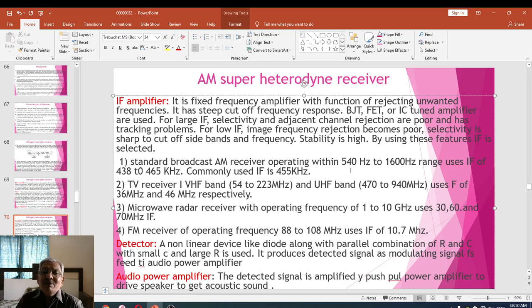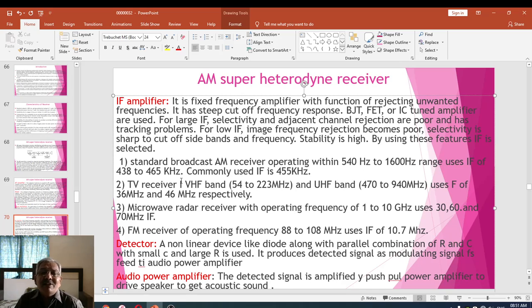The generally used IF for an AM superheterodyne receiver is 455 kHz. Please remember.